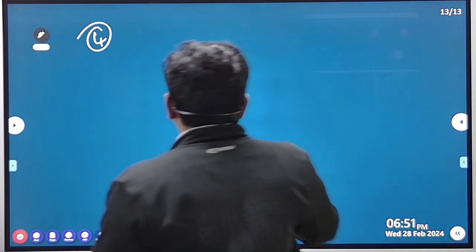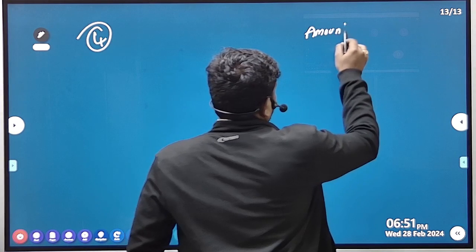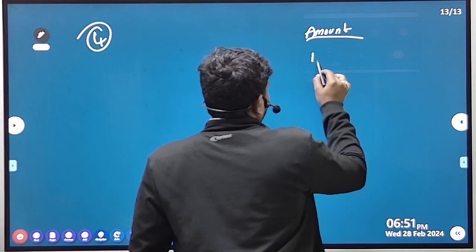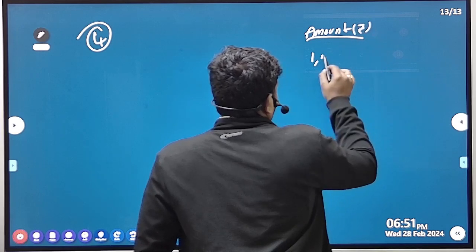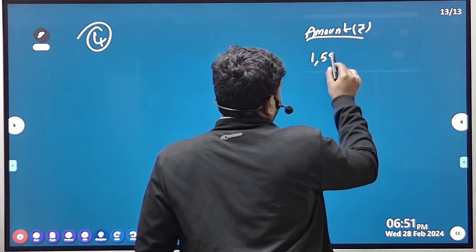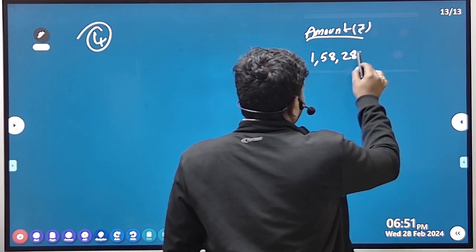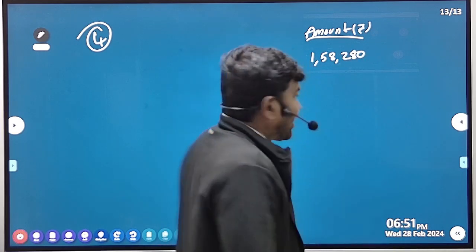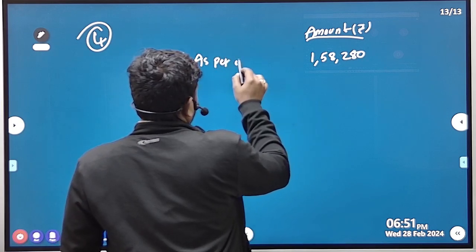Now what is the first balance, tell me the balance as per cash books. 1 lakh, 1,50,000, 58,280. Now you have this as per our books.